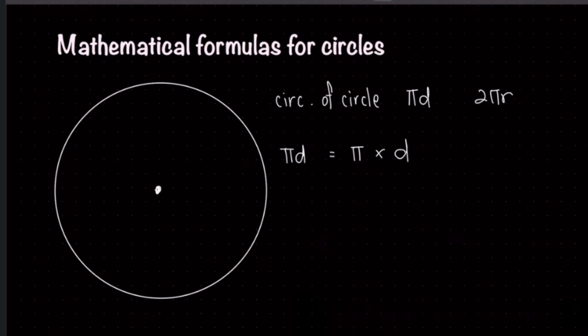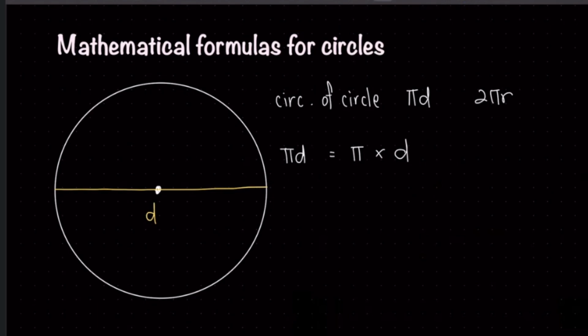Let's start with circumference of circle. So the formula for circumference of circle is pi d or 2 pi r. So pi d means pi multiplied by diameter. So we have the center of circle and we have the diameter over here.